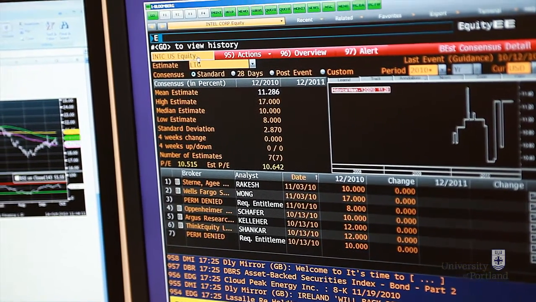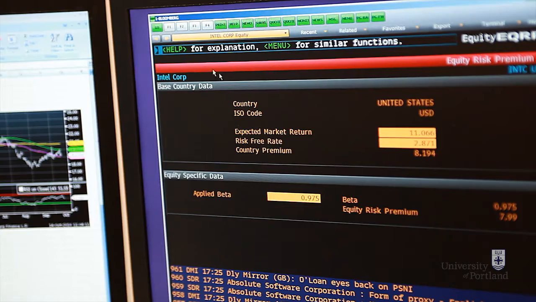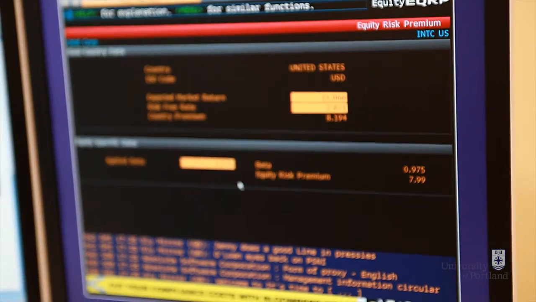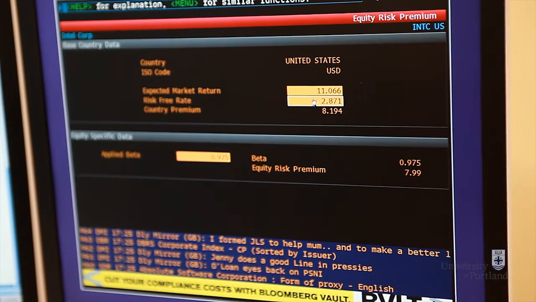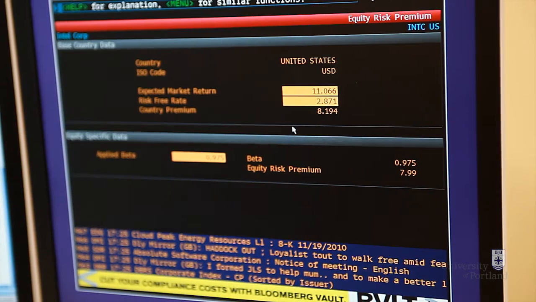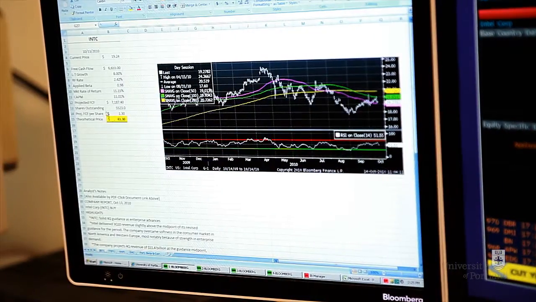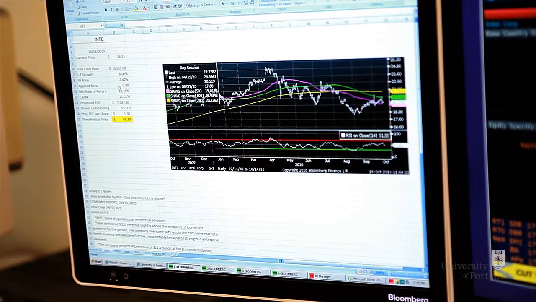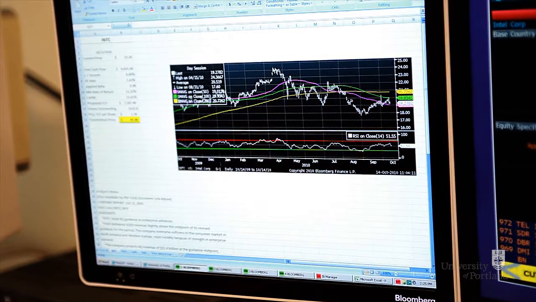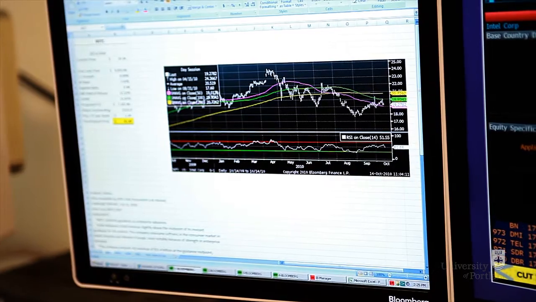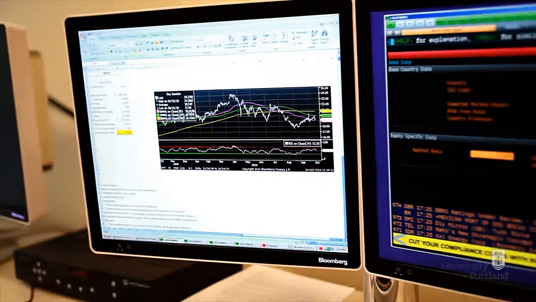And then I go to this page to find the risk-free rate in the market, which is 2.871 here. Plug that into Excel. Oh, and then we also need the expected market return, so that also goes in our equation.